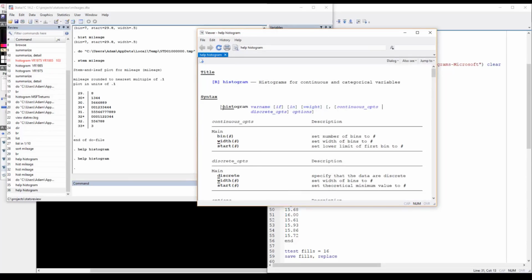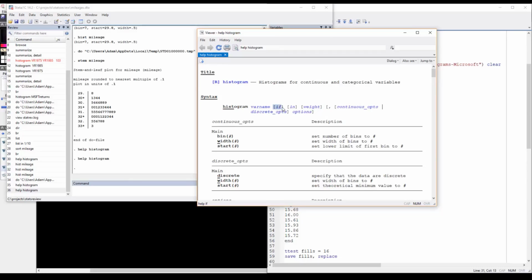All right, so let's use the frequency option. If you look at the syntax for this command, we type in histogram, the name of the variable. We can use an optional if qualifier, an optional in qualifier, and we've got continuous and discrete options, and then options that apply in both cases.